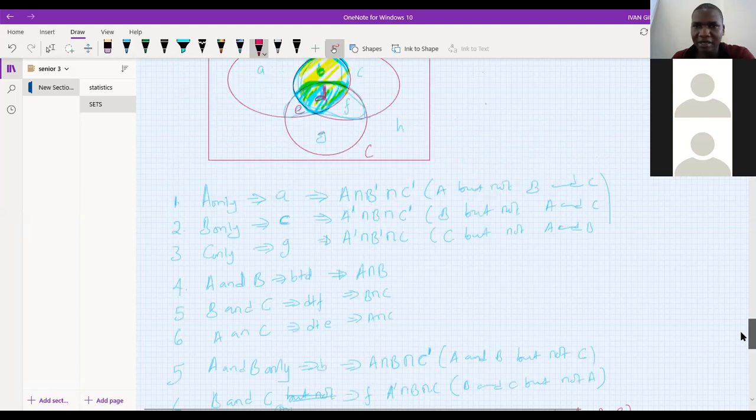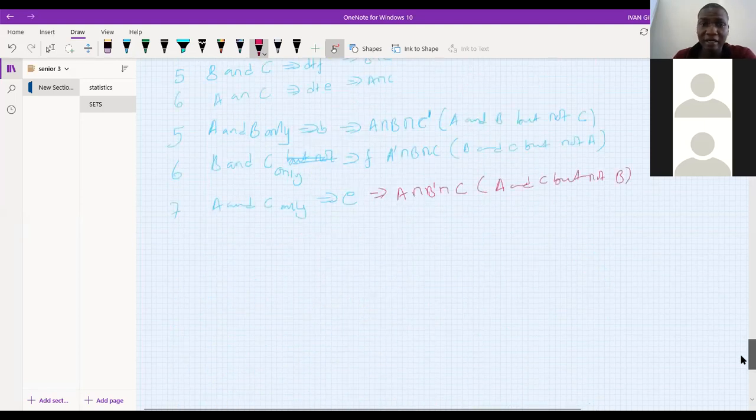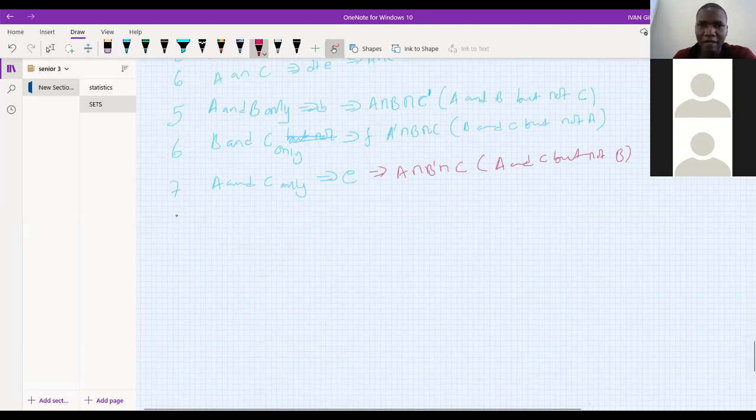Then the other one, maybe, is when they say part 8, A complement intersection B complement intersection C complement. They like none of these ones, like none of the three.